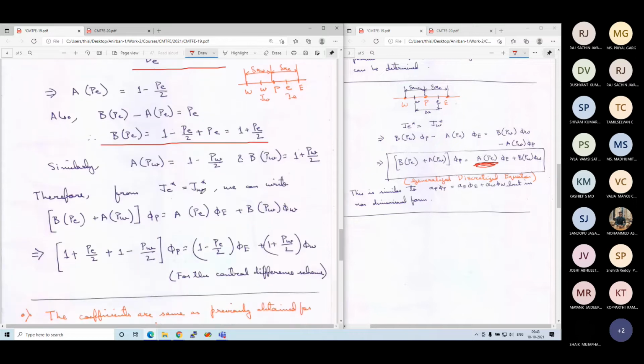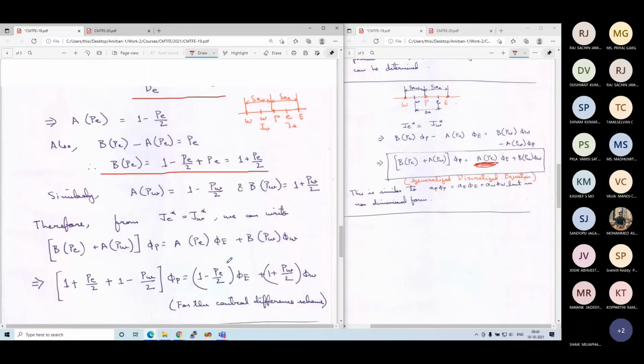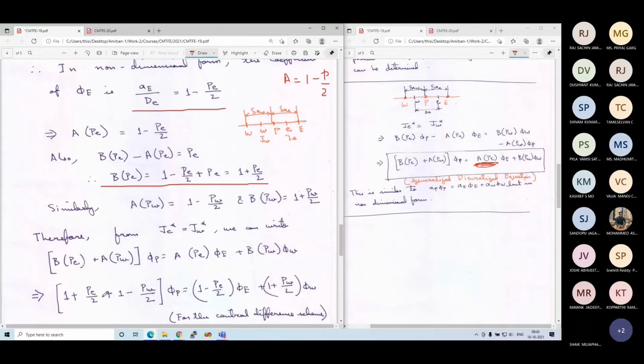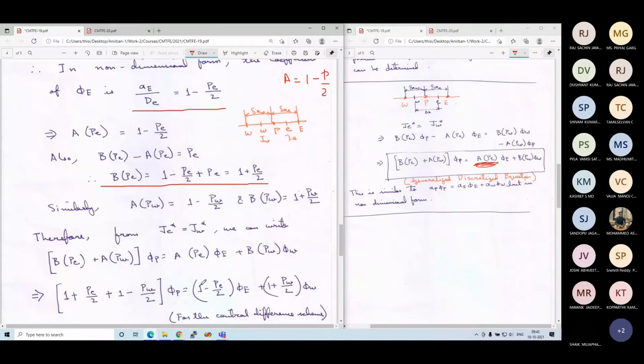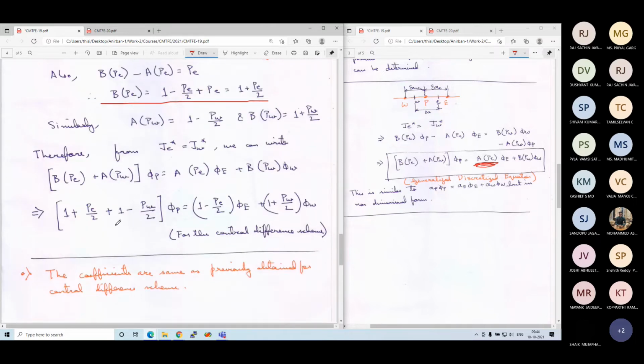So J star is equal to JW star, and this is the same equation: B(PE) plus A(PW) phi P is equal to A(PE) phi E plus B(PW) phi W. B of P is 1 plus P by 2, A of PW is 1 minus PW by 2 into phi P, A of PE is 1 minus P by 2, and B of PW is 1 plus PW by 2, times phi W. You can verify that these coefficients are the same as the coefficients we previously obtained for the central difference scheme.